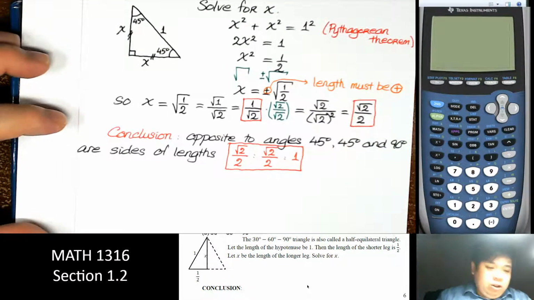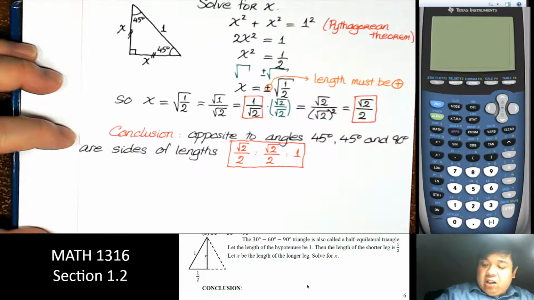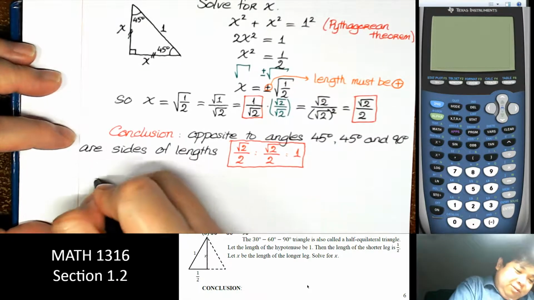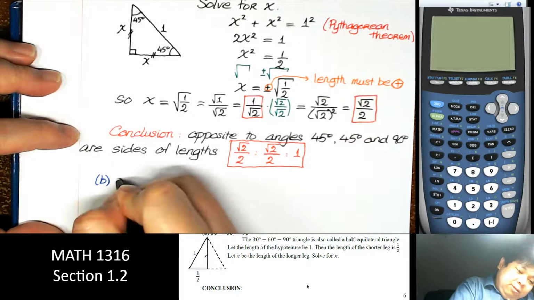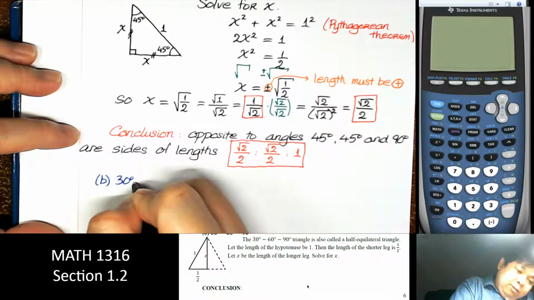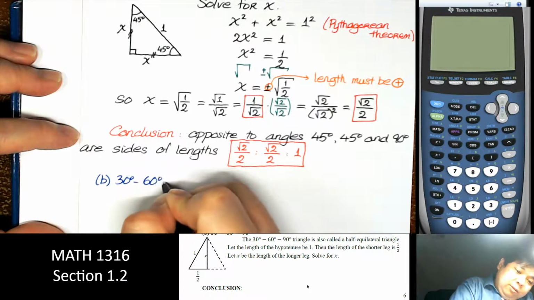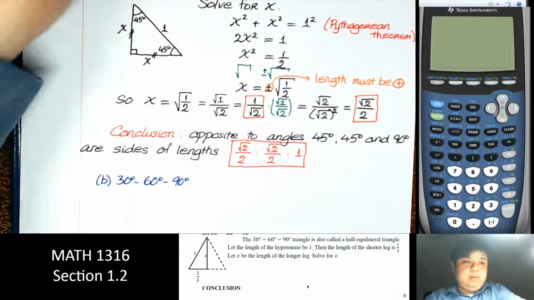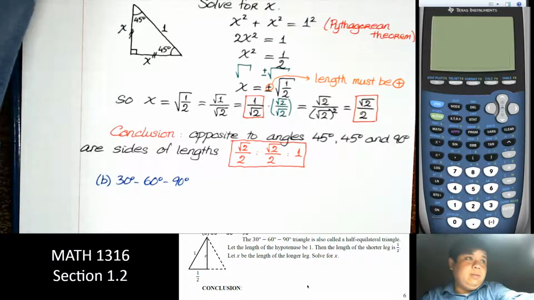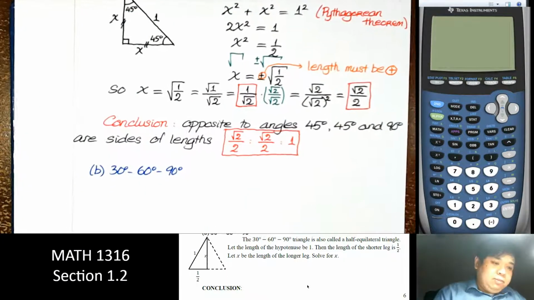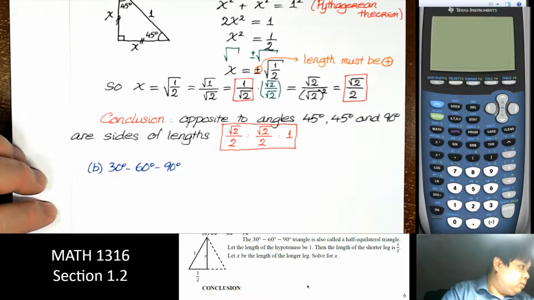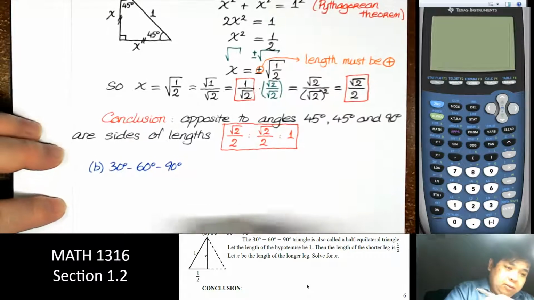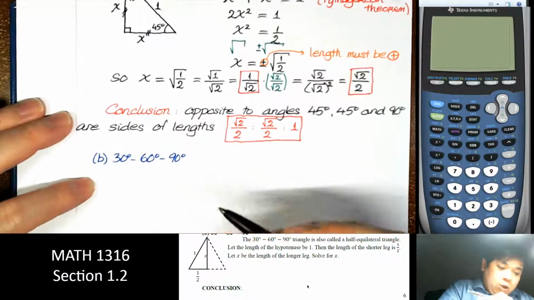Now we go to the 30, 60, and 90 degree triangle. So we draw.